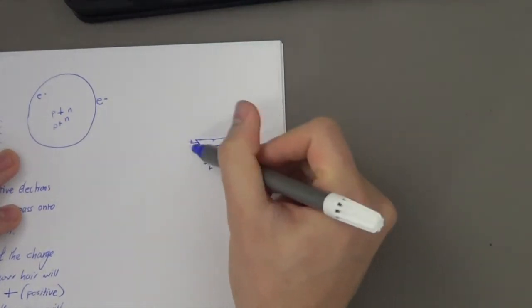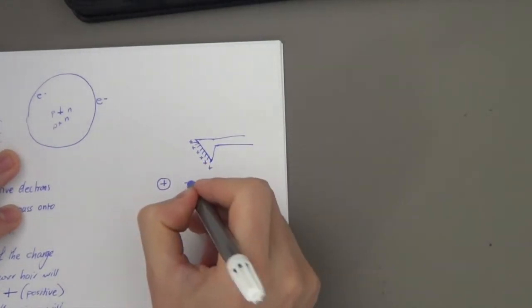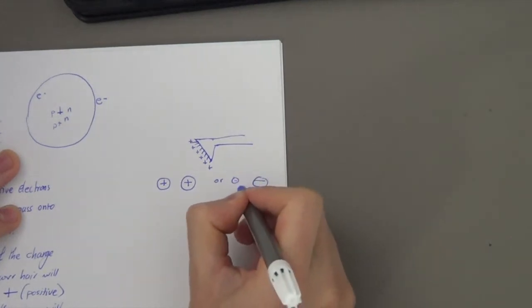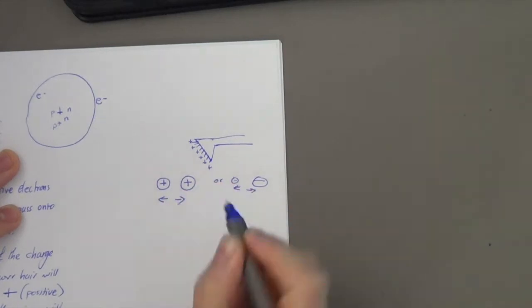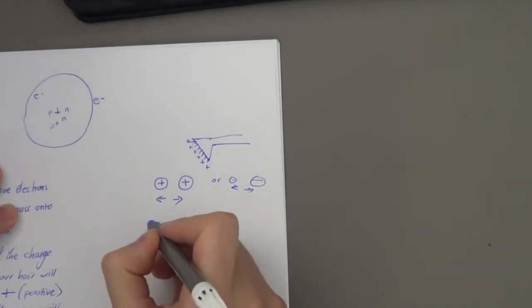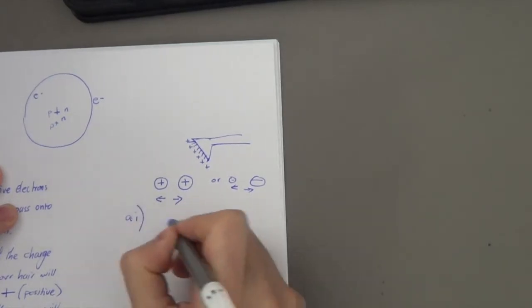So their electrons get removed, and we know that positive charges repel each other. A negative and a negative repel, and a positive and a positive repel. So what does that mean? It makes the droplets spread out. So that's the answer to that question.